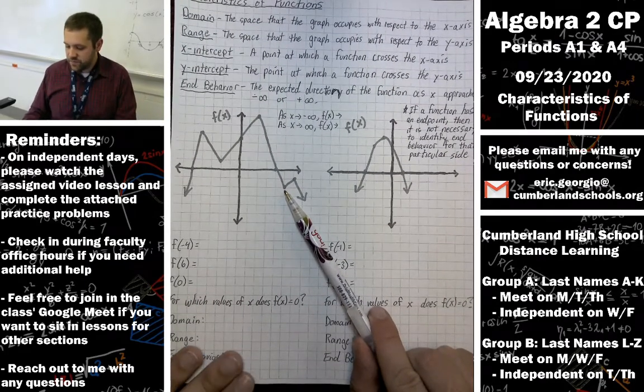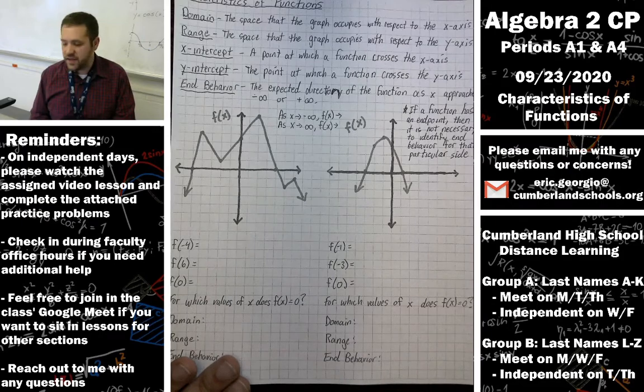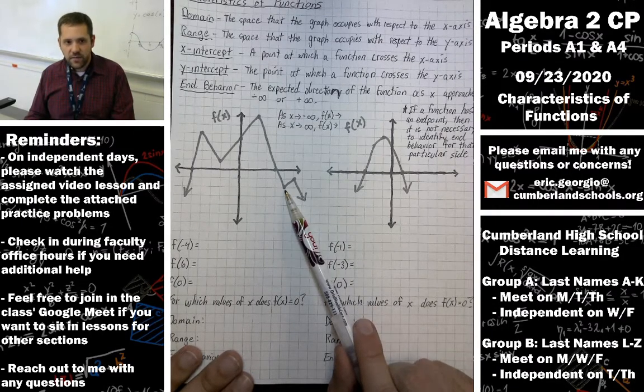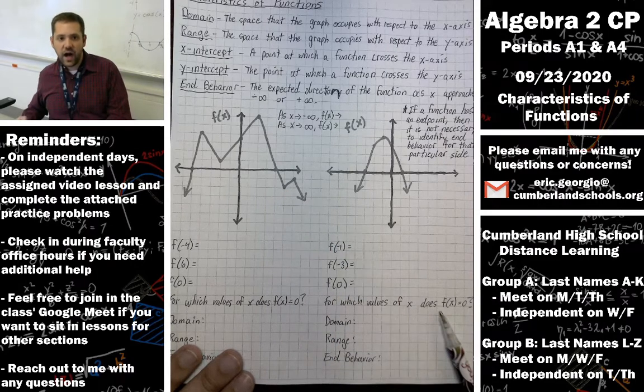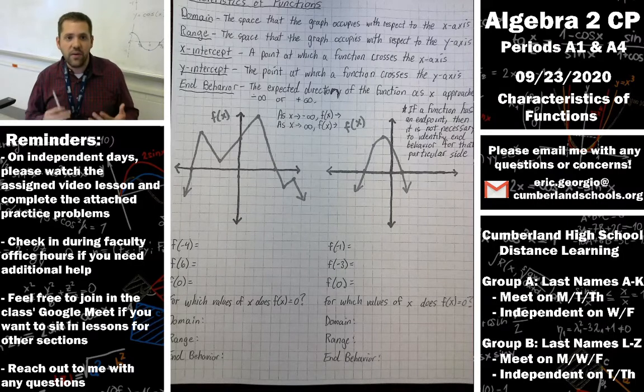Say this function, for example, stopped here where my pen is pointed at this point. Well, why would I talk about as x approaches positive infinity? It's never going to get even close to positive infinity because it's stopped already, right? There's no arrow where it's continuing on infinitely. If it ends, then it ends. We don't need to talk about end behavior on that particular side.